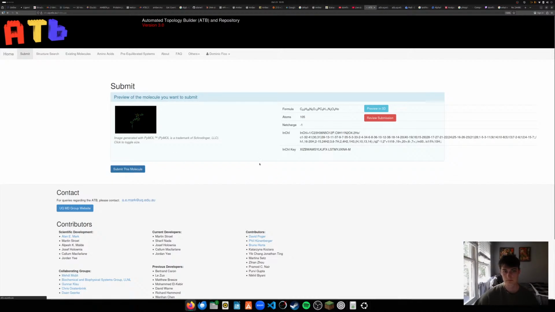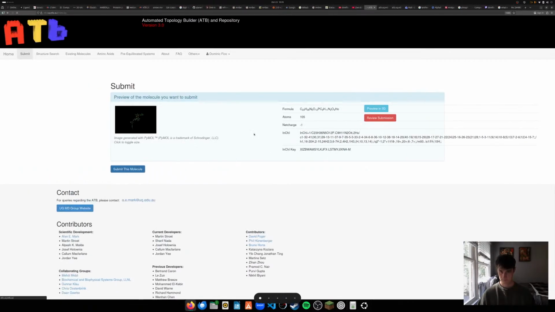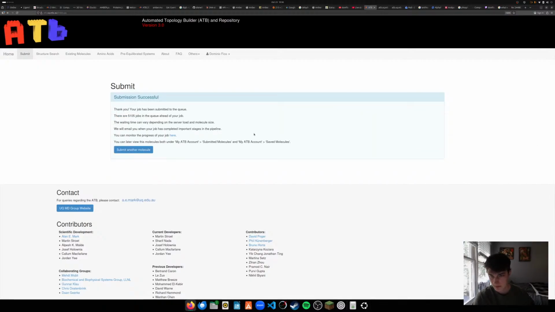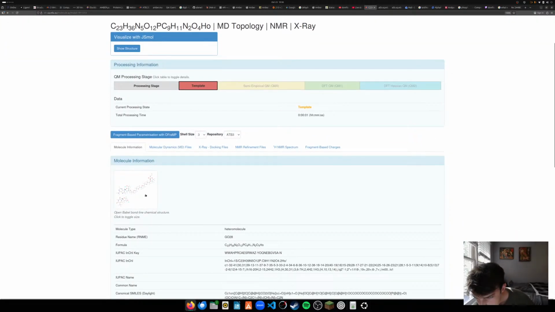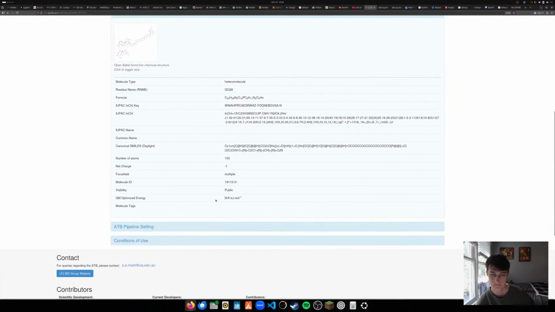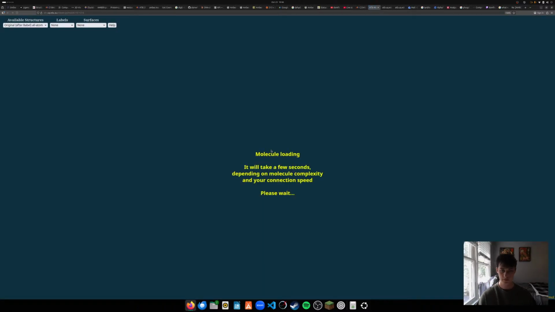Submit molecule. It's going to use some sort of semi-empirical thing, so maybe it won't take very long. Show structure. I want to see it.